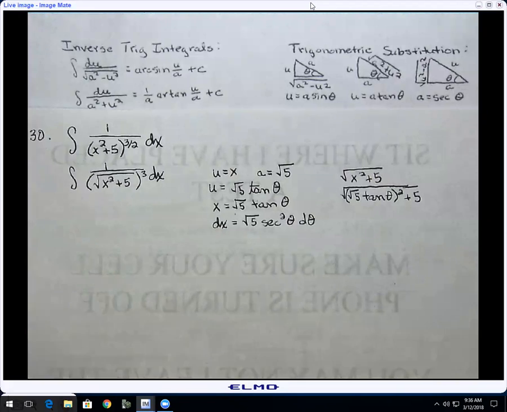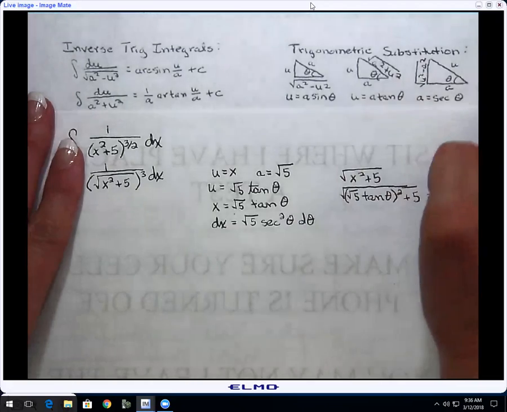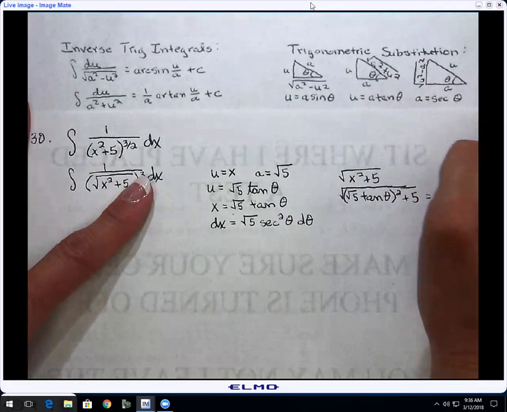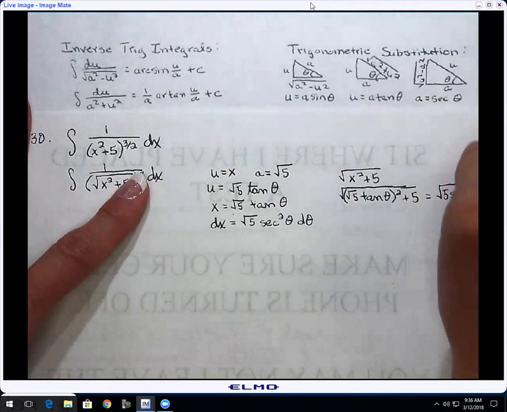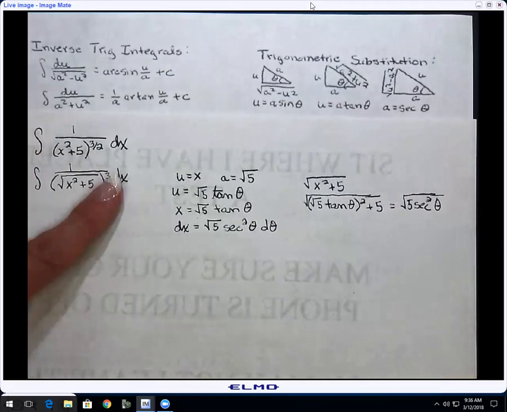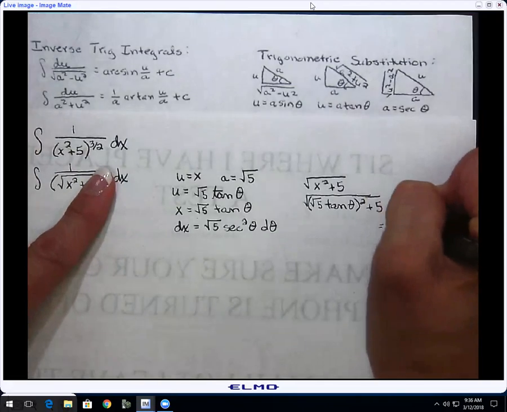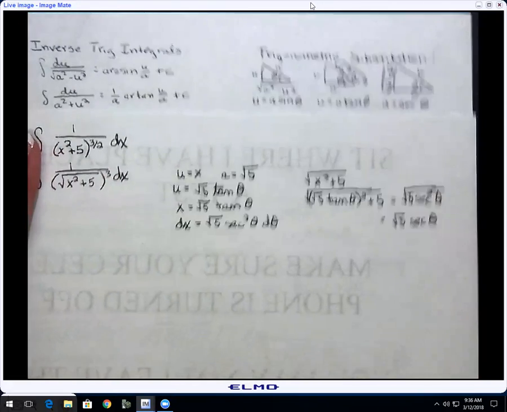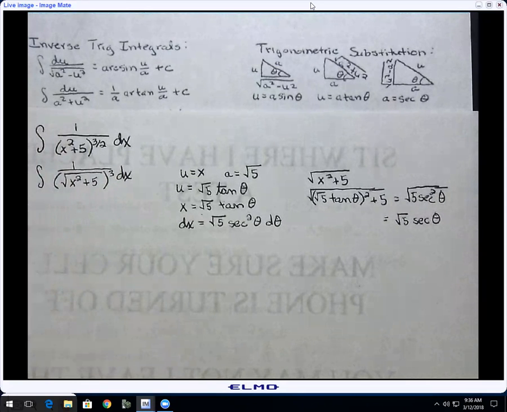So I'd have square root of 5 secant squared theta, better known as square root of 5 secant theta. All right.